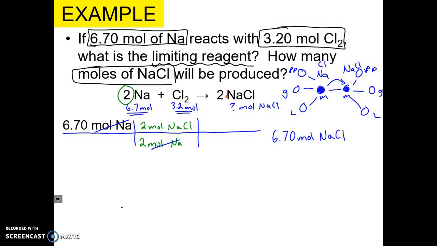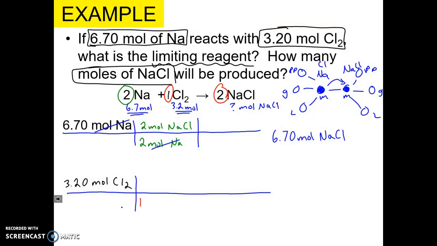Let's do the other. Okay, it's 3.20 moles of Cl2. That's chlorine gas. Okay, draw our T table. Make sure you give yourself room there. So now I'm looking at a 1 to 2 ratio of chlorine gas to sodium chloride.